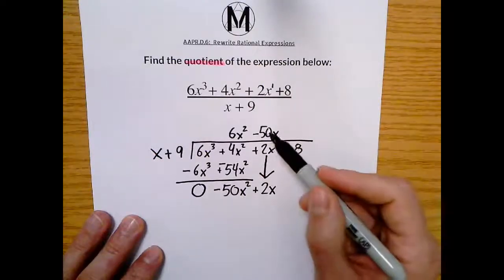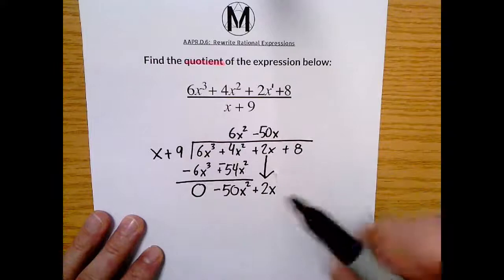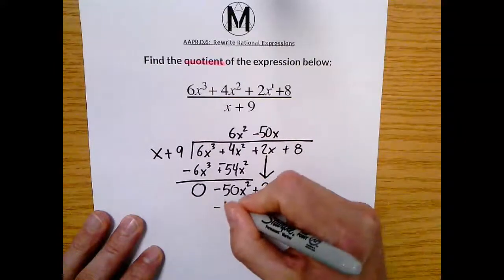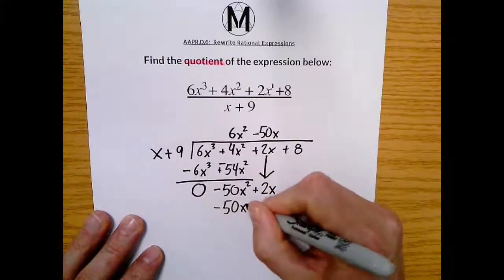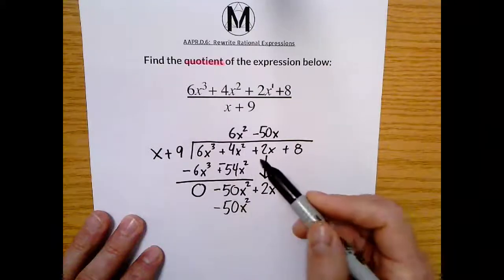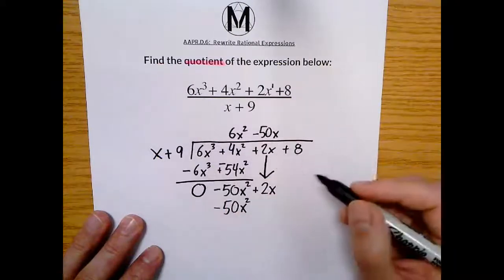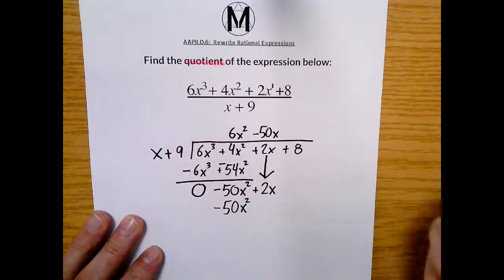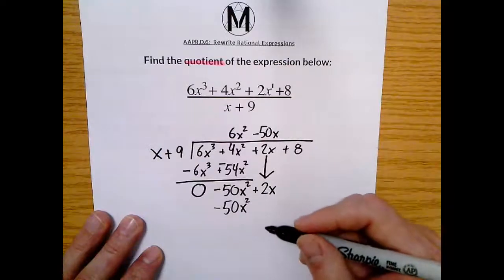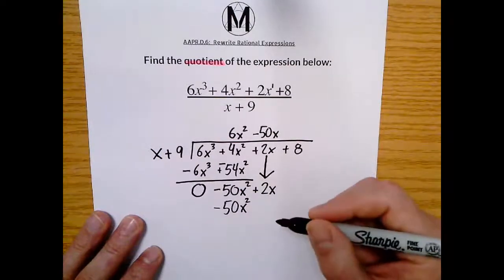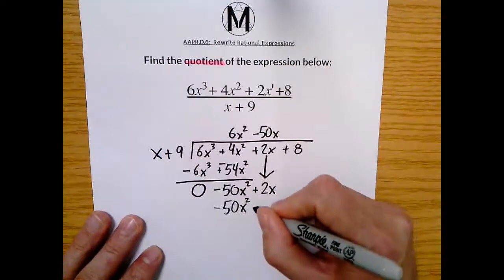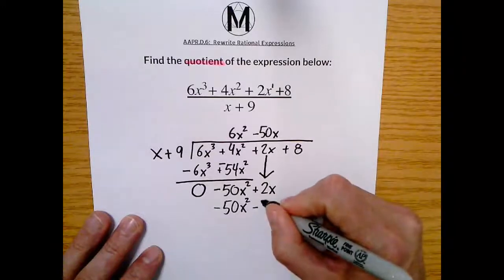So, negative 50x times x is negative 50x squared. I'm in my step 2, multiply. And negative 50x times 9. Okay, our numbers are getting a bit bigger here, so if you want to take out your calculator, by all means, get your calculator. But this is going to be negative 450x.